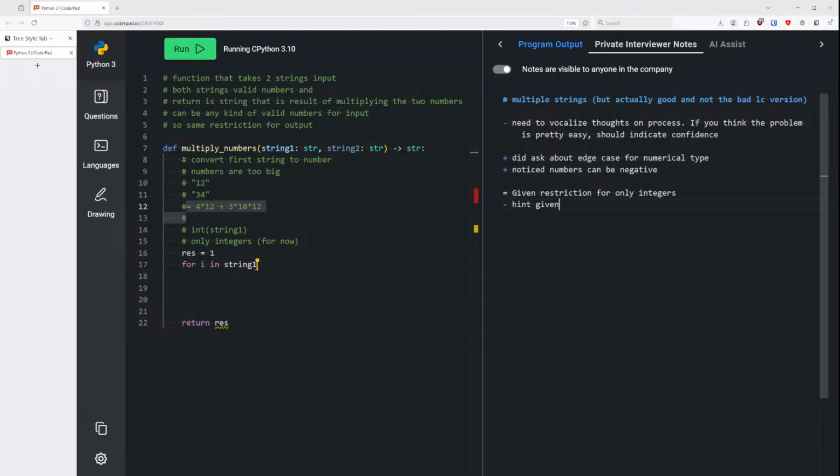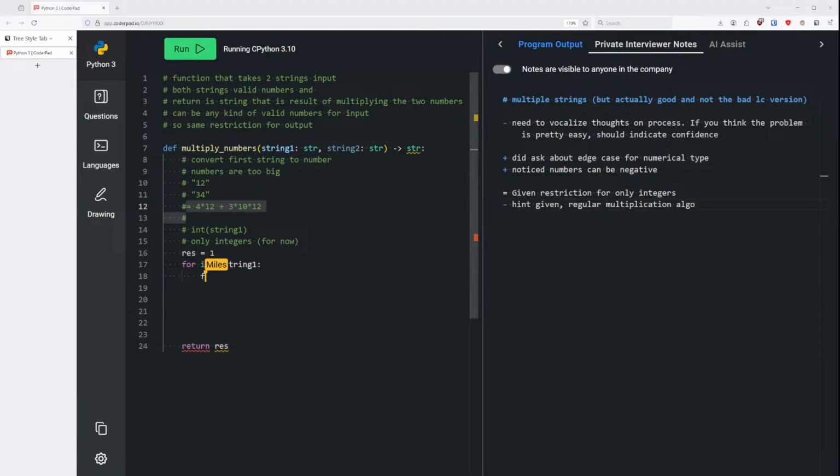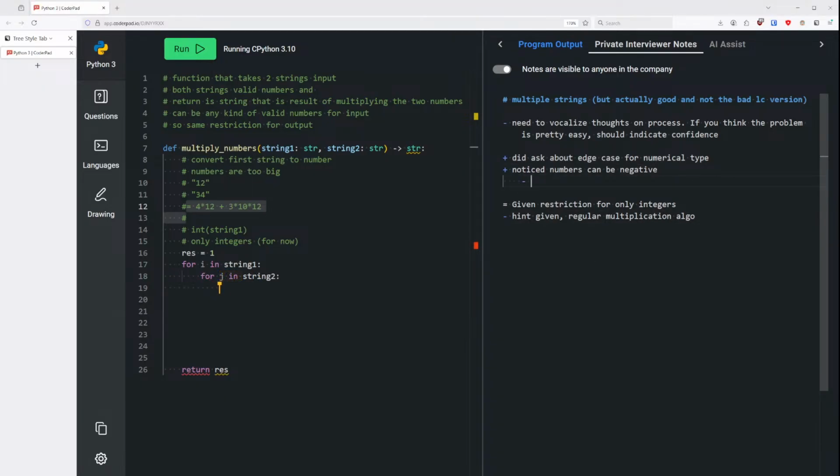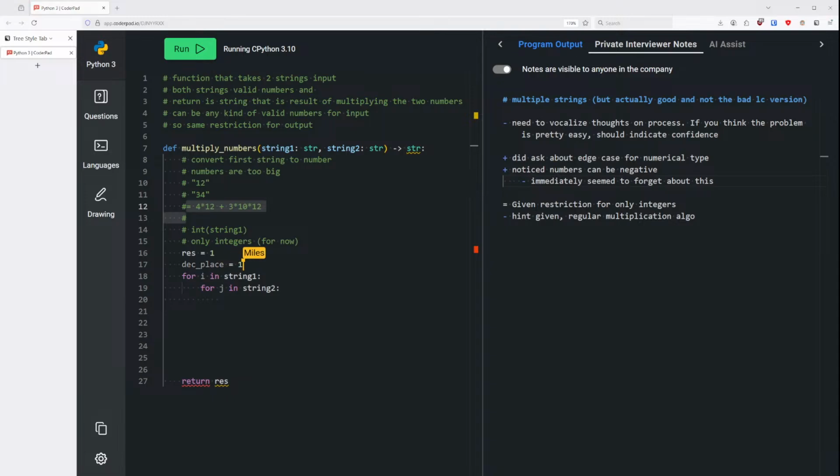I guess we assume string 1 is 12 here. So if I want string 2, and then we're going to have a place. So decimal place starts with a multiplier of 1.